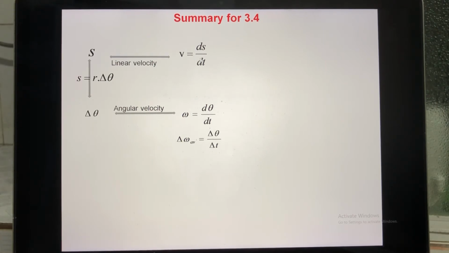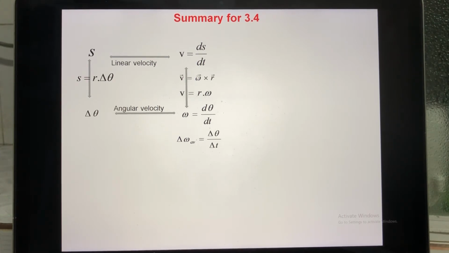Here instantaneous. You can also calculate the average, but this one I showed in the other videos. I don't want to show it here, so I only remind a bit here. And here is the relation between the linear velocity and angular velocity, like this.